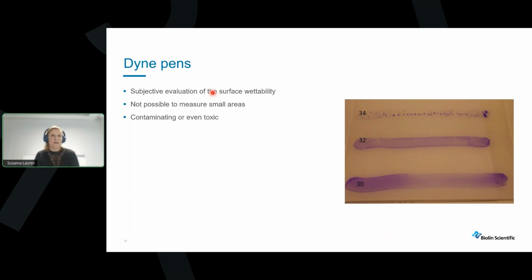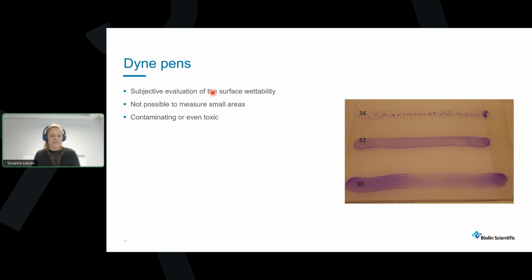One problem with dyeing pens is also that it's not actually possible to measure on small areas. And what we have really seen is that a lot of people nowadays are interested in measuring on ready products or samples that will be actually used, or substances that will be then used in ready products.